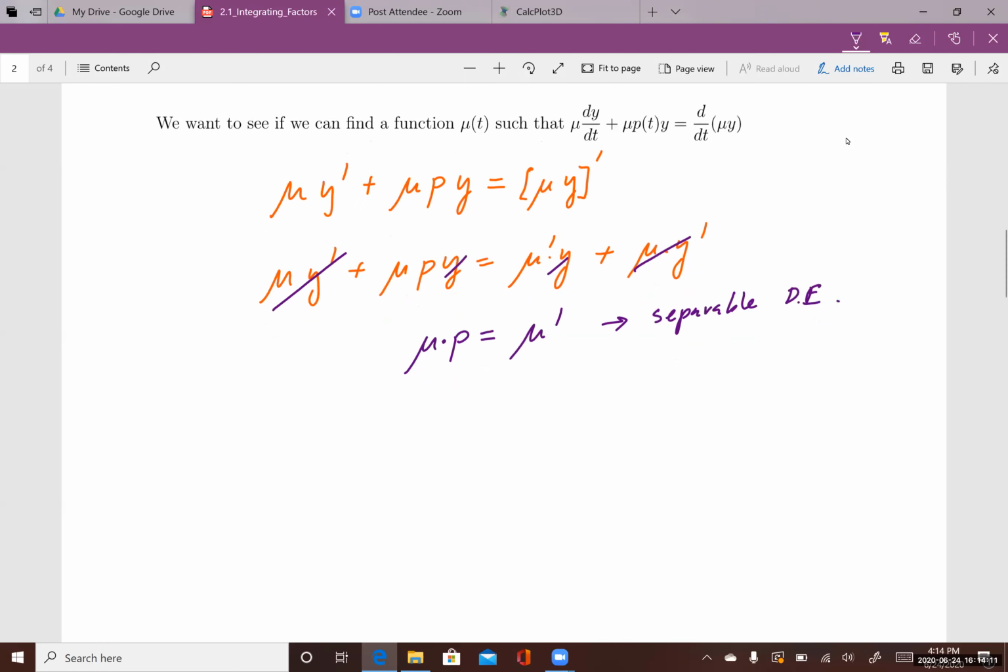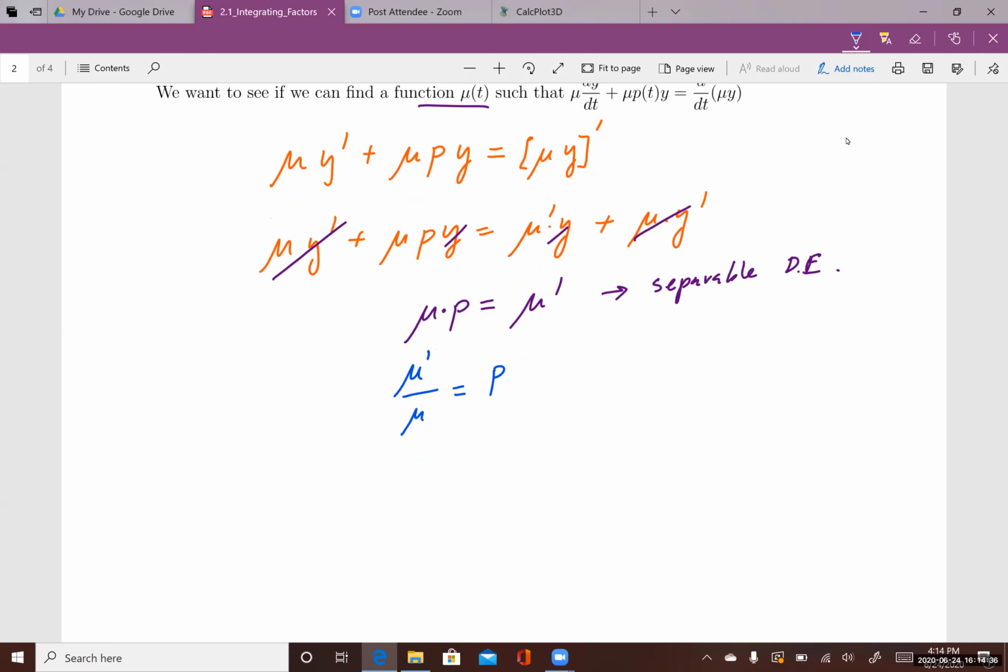If it fits the form, then we can just move mu to one side and p to the other side to solve for mu. Again, the goal is to find this mu function. The next step is, I will move it so that mu prime divided by mu equals p. And at this point, I just integrate both sides.